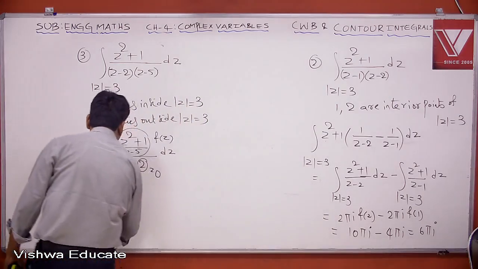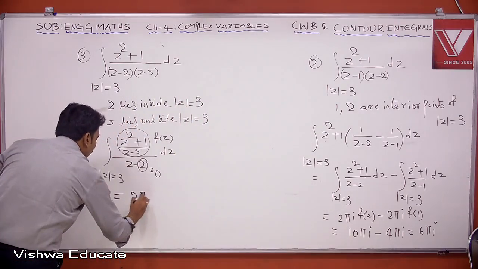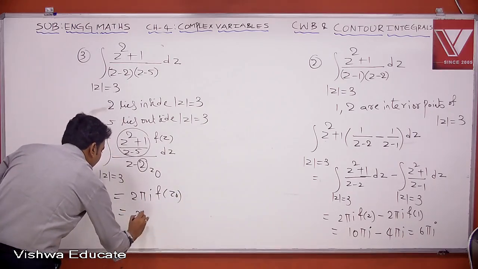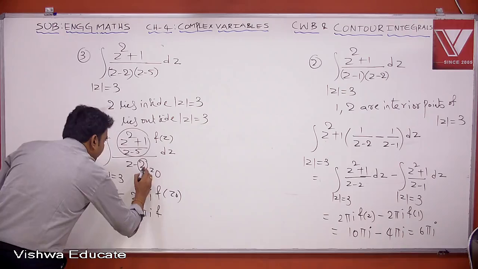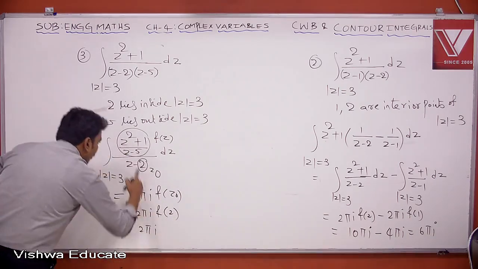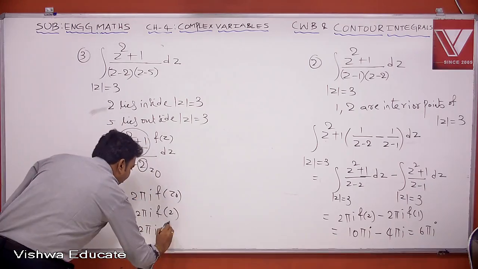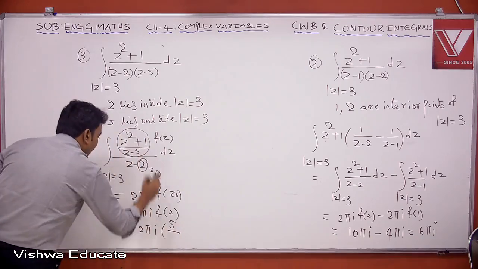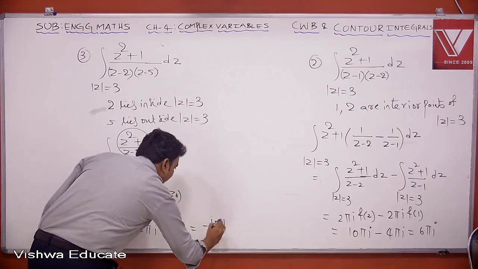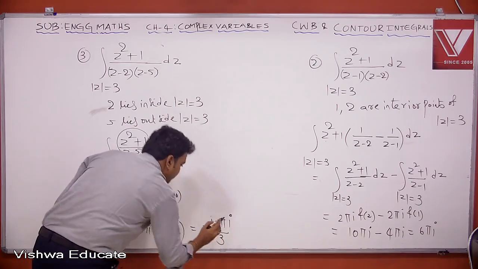Therefore, this becomes 2 pi I into f of z naught, where z naught is 2. So 2 pi I into (2 square plus 1) divided by (2 minus 5), which is 5 divided by minus 3. So the answer is minus 10 pi I divided by 3.